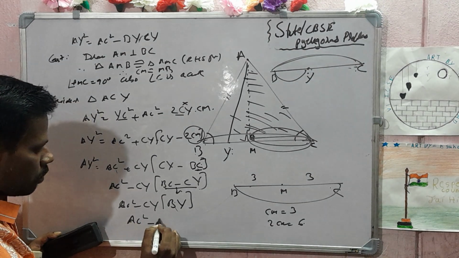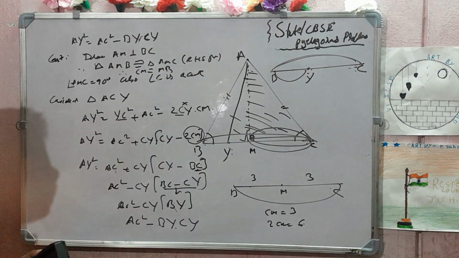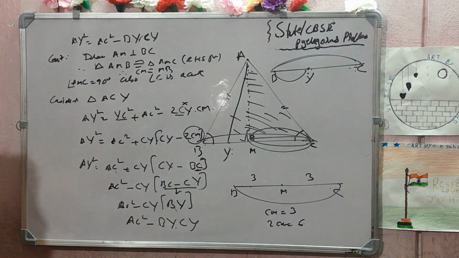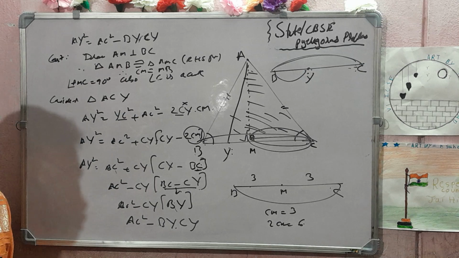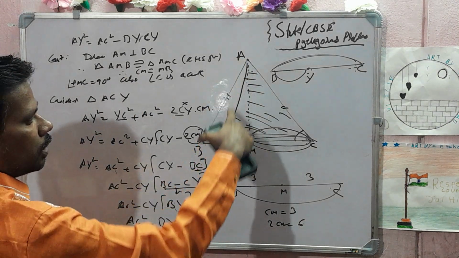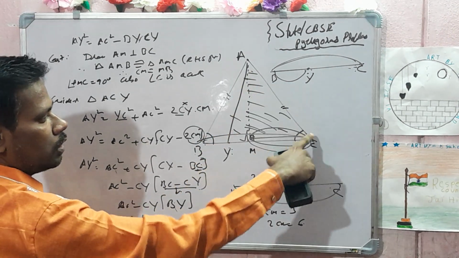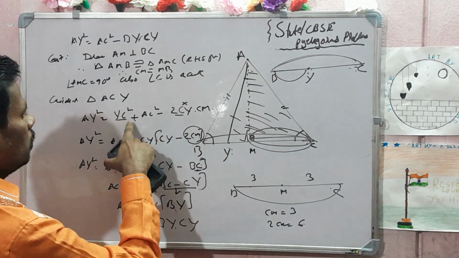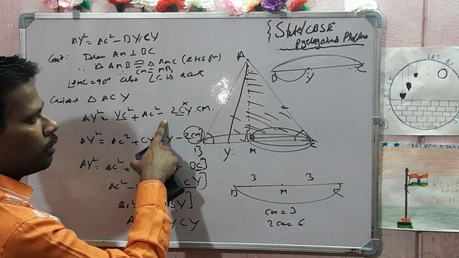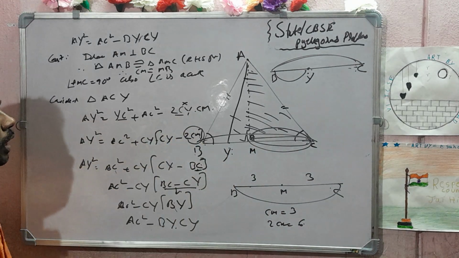So AC square minus BY into CY. That's it. Very easy, and nothing confusing in this problem. Therefore, you need to consider this triangle with the acute angle. AY square is equal to AC square plus CY square minus 2 times CY into MC. This is by theorem. You can write here, by theorem.